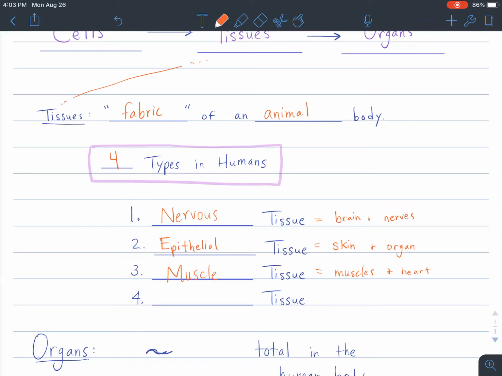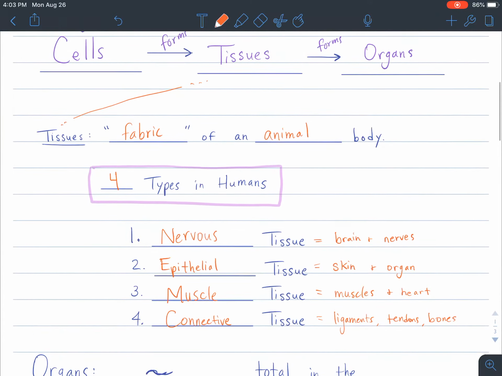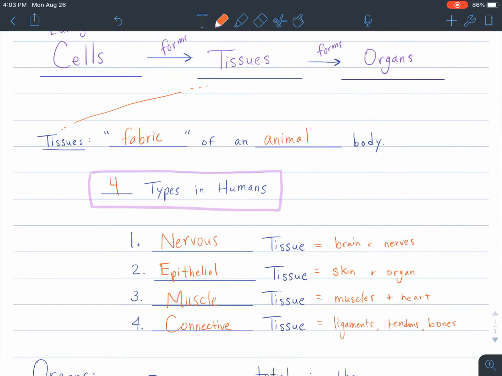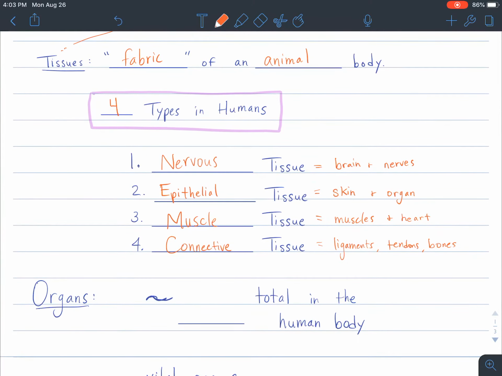And last, number 4, is our connective tissue. Connective tissue is used for our ligaments, tendons, and our bones too. So you can see there's 4 types of tissues here, and these 4 types of tissues are what we use as the fabric to make up our different organs.